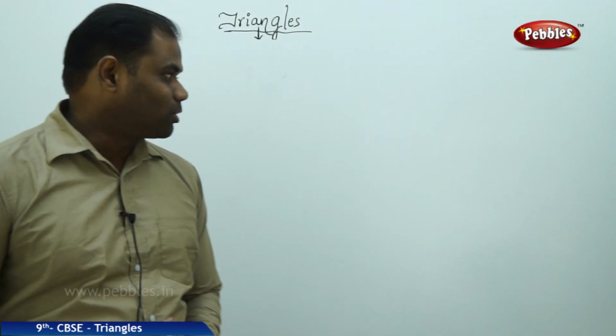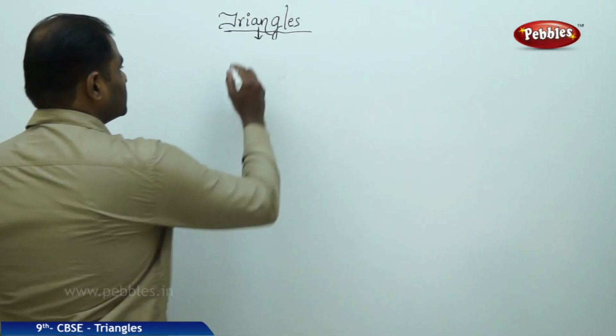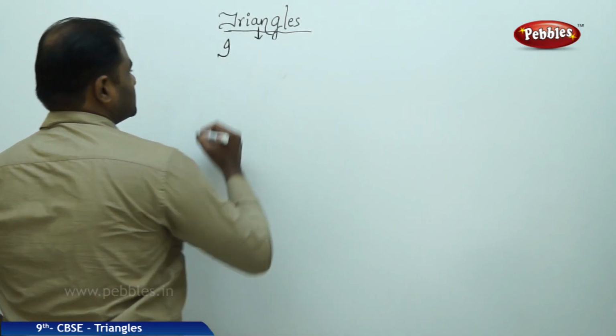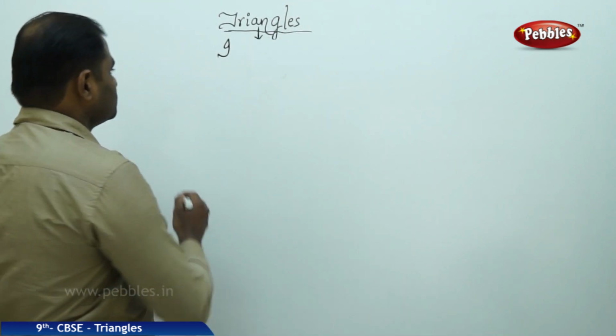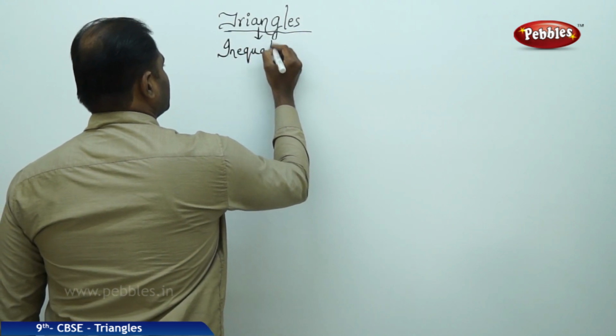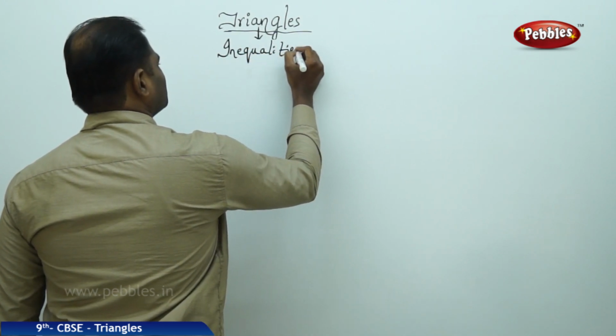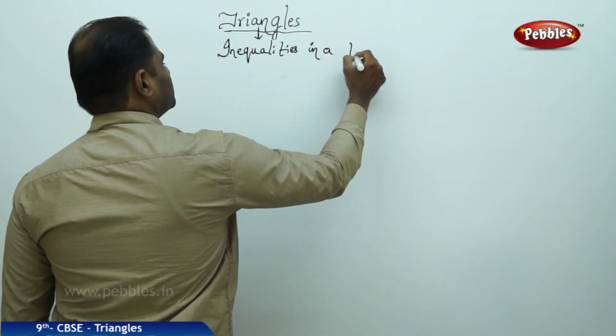Now let's use the property of connecting the size of the angle and the length of the side to a triangle ABC. So let's take inequalities in a triangle as the topic connected with triangles in the session. Inequalities in a triangle.